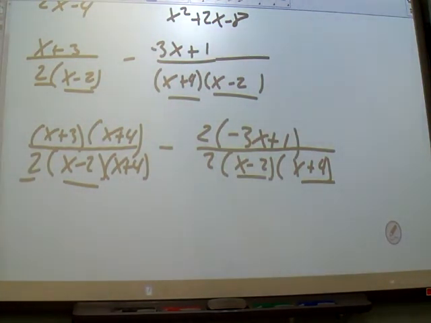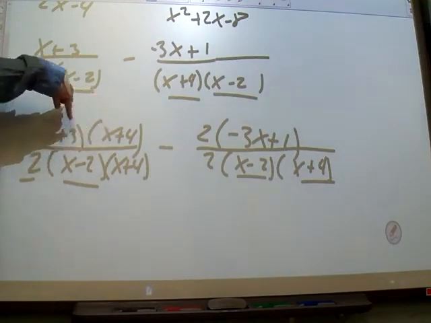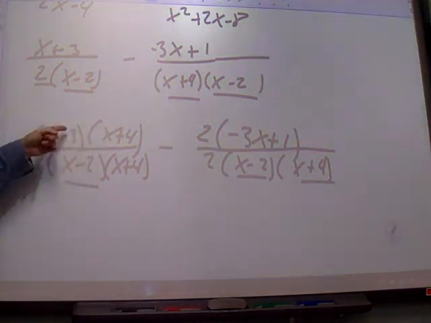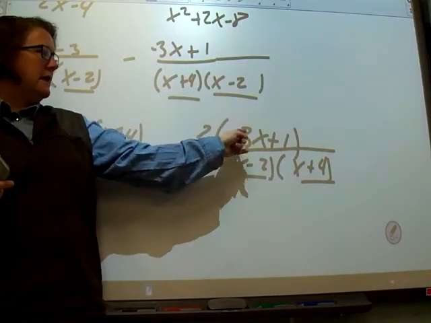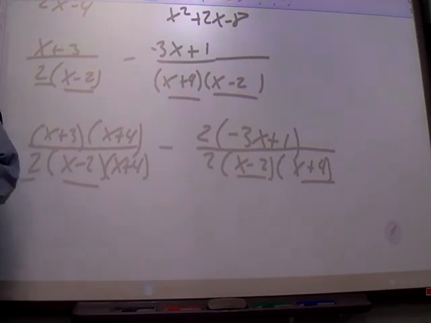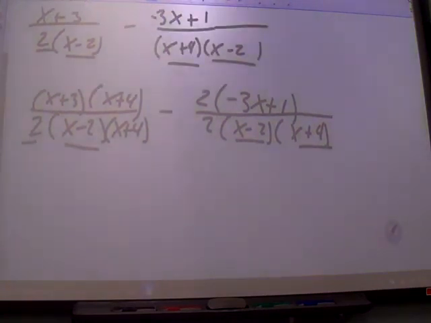Now, there's no new math in this. What we're going to do now, multiply these two, because that's what it means when there's no sign between them. We're going to FOIL those, multiply those. We're going to distribute that 2. And then if we have any like terms, we're going to subtract them. So that's not anything new. Just be careful with your multiplication. I'm going to FOIL this left side.